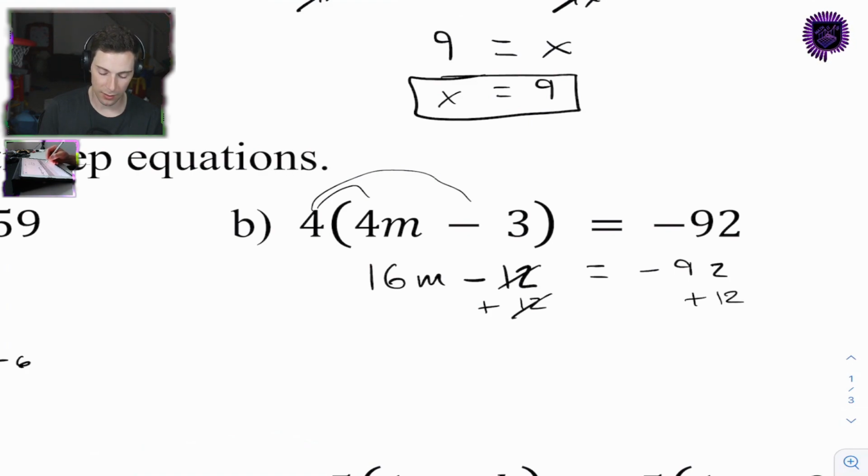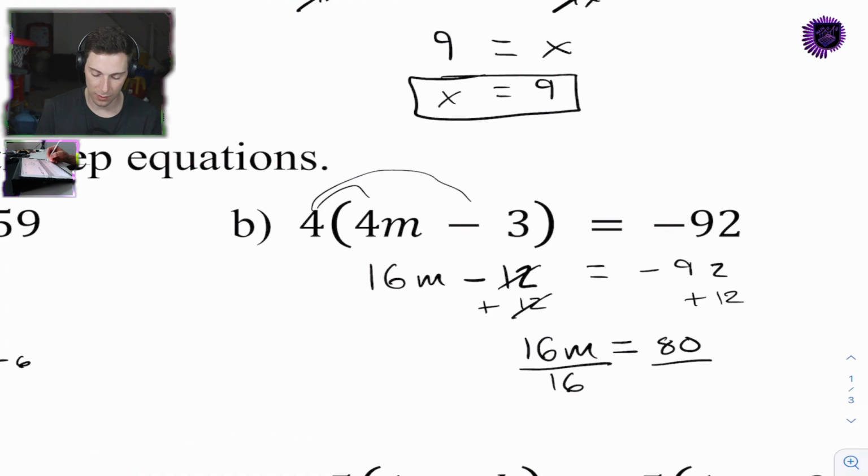And this side they cancel, leaving us with 16m is equal to 80. We divide by 16, and m will equal 5 again.